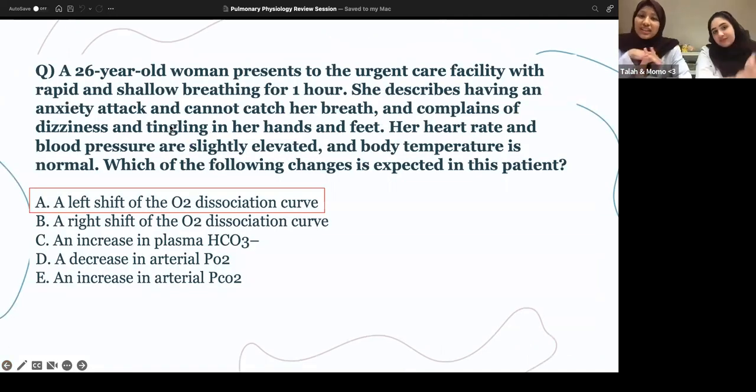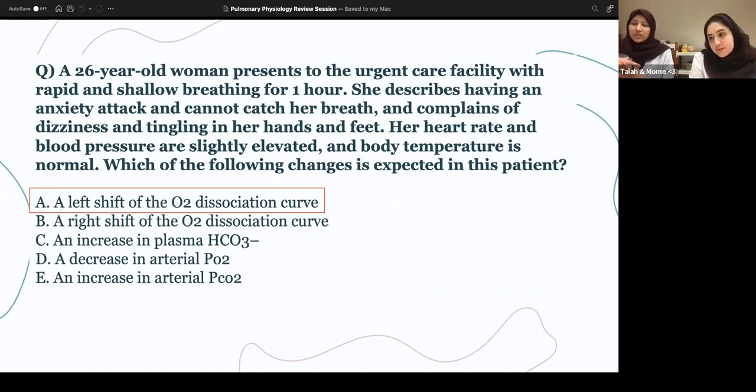So the question says she had an anxiety attack and she had rapid and shallow breathing, but none of her symptoms affect O2. I know. But this question leads you to think about oxygen dissociation first, because the main important thing is the rapid and shallow breathing. Imagine a person is hyperventilating, which means that she's breathing rapidly.